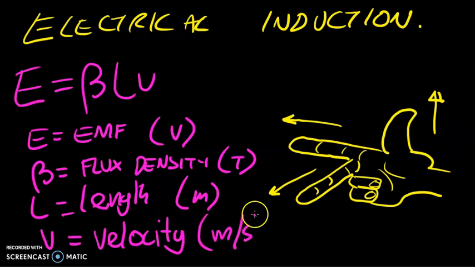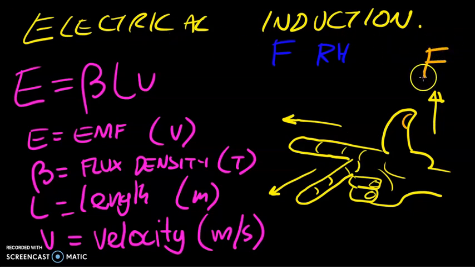And on the right here we have Fleming's right-hand rule, and that is for generators. Fleming's right-hand rule: the thumb indicates the direction of movement, so that is the direction in which force is applied to the conductor.